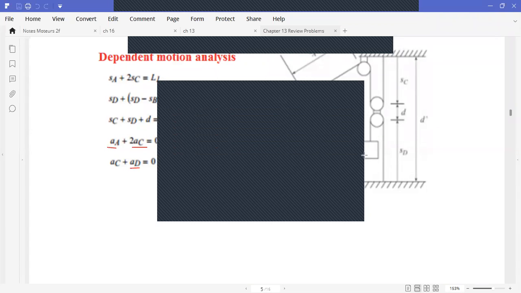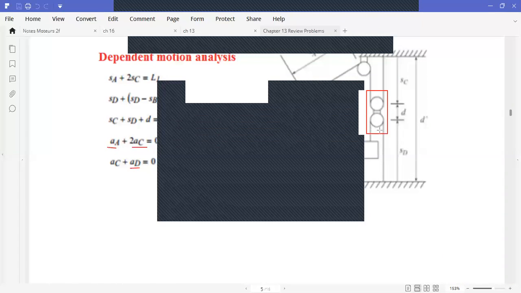And which free body diagram is also important? The pulley. It's very important to draw the free body diagram of this part here. You know why? Because it will relate the tension in this cable to the tension in this cable.